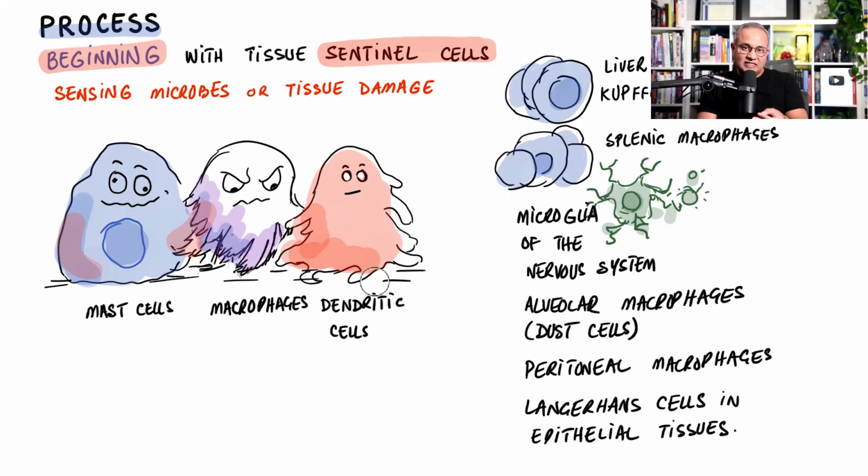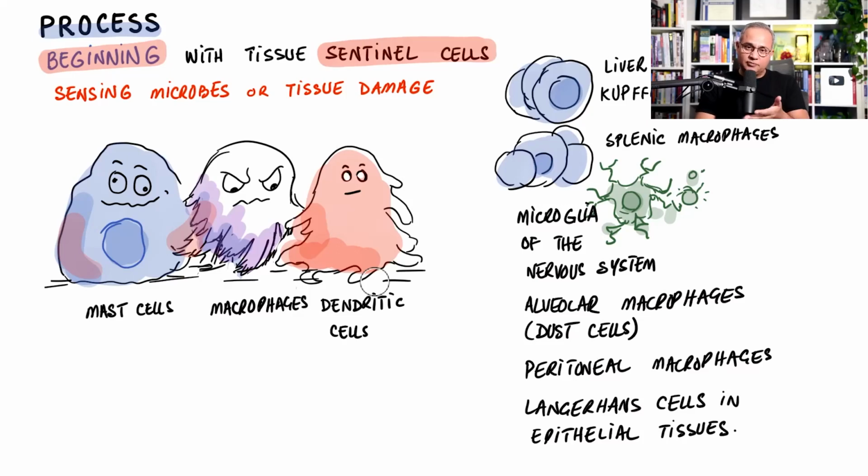These cells are called sentinel cells. Sentinel cells mean sensory cells. These cells are on watch. They're present everywhere, and they're sensing if there is tissue damage, if there is any irritating substance in our body, or if there is a microbe, that is a fungus, virus, or bacteria. And then they would help start the fight in that area.